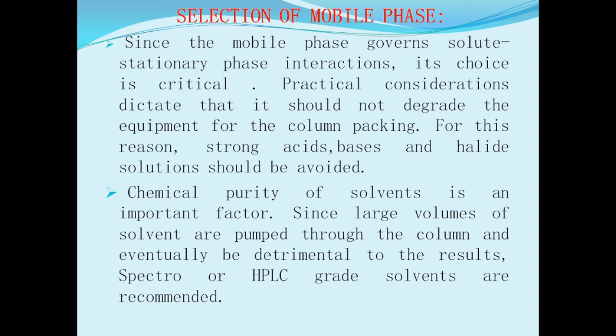For this reason, strong acids, bases, and halide solutions should be avoided. Chemical purity of solvent is an important factor since large volumes of solvent are pumped through the column and eventually impurities can be detrimental to the result.